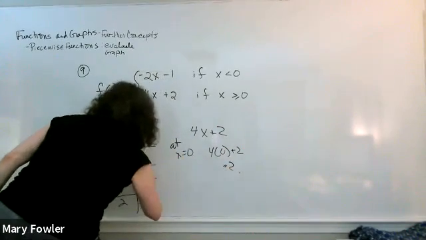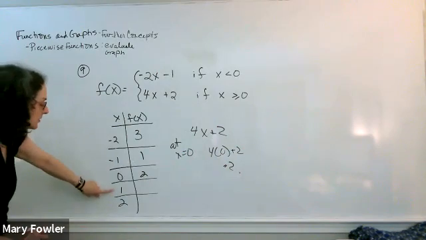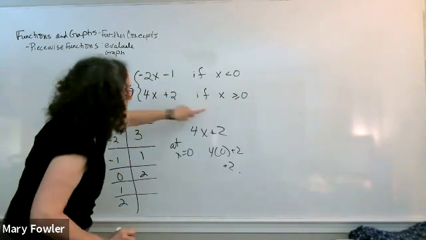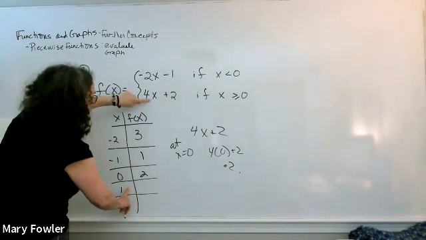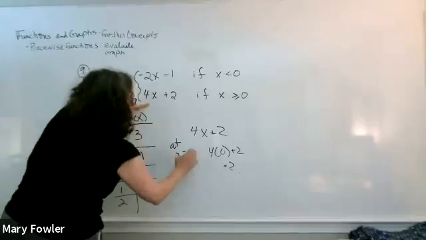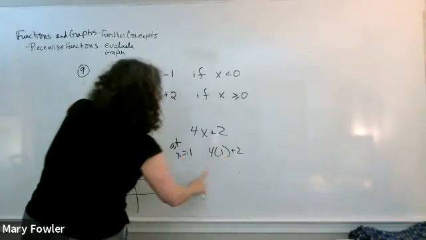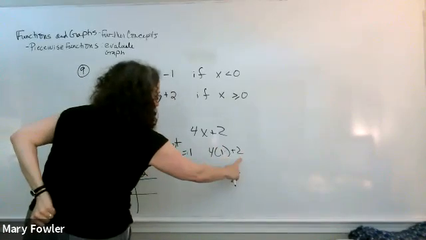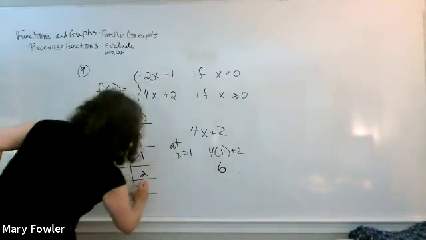That just gives us 2. And now as we move to the next 2 values of x, 1 and 2, they're always going to be in the second row. So evaluating 4x plus 2 when x equals 1, we get 4 plus 2, which is 6.